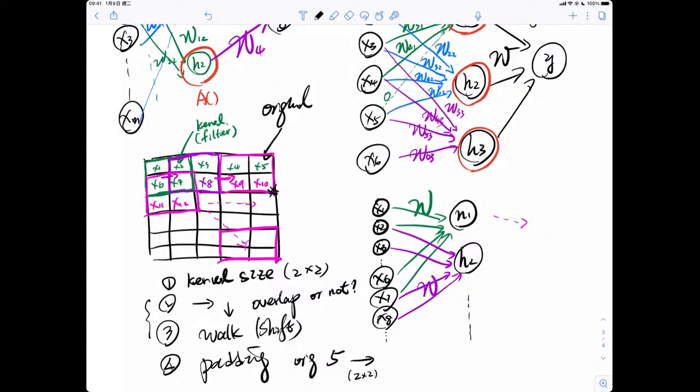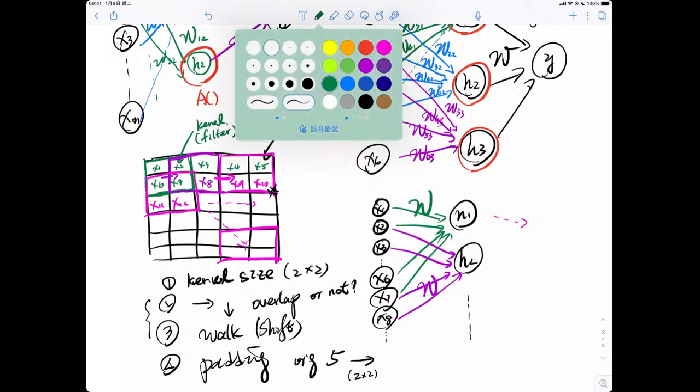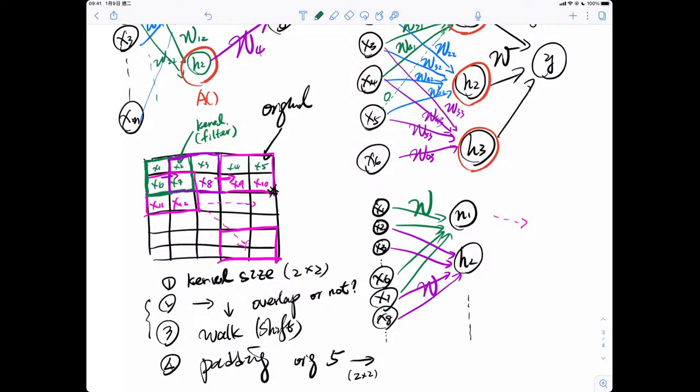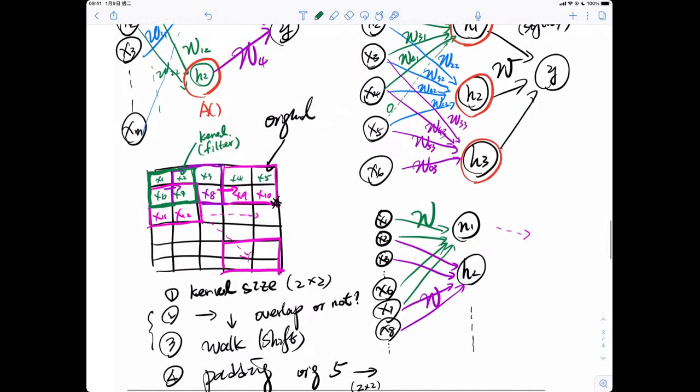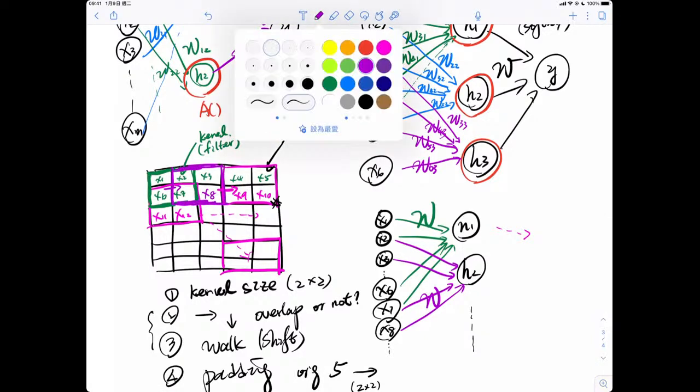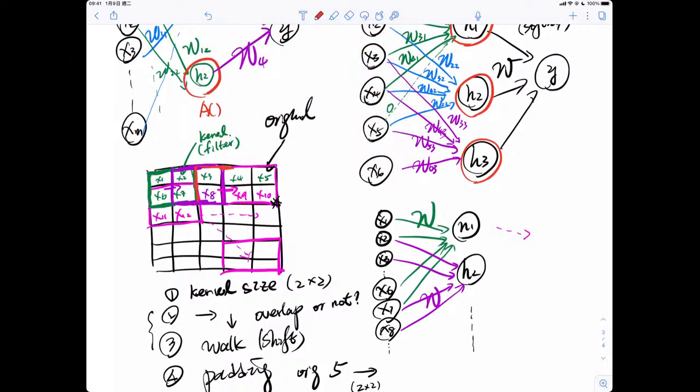The green kernel will output 1 result. The next one, the purple one, will output a result. The next one, maybe the red one, will output a result. And the last one, the pink one, will output a result.